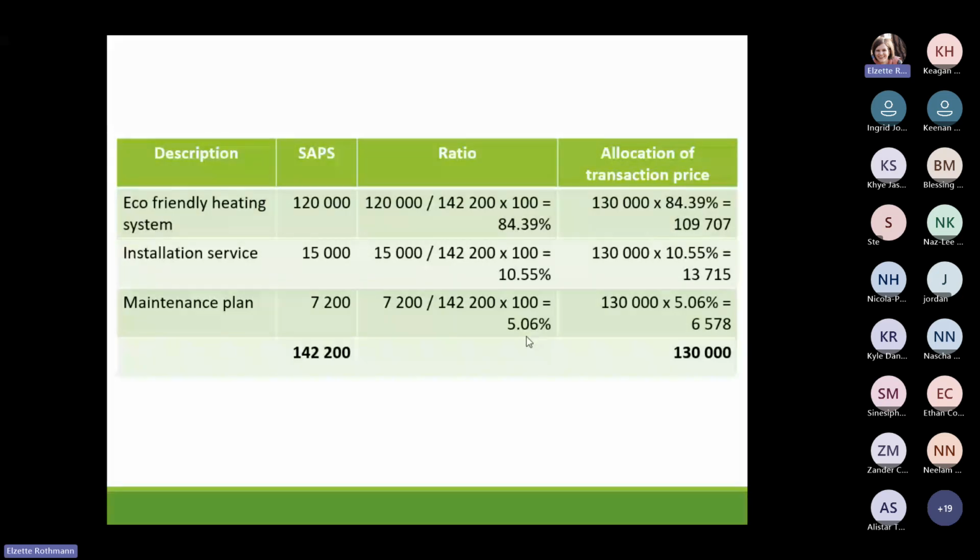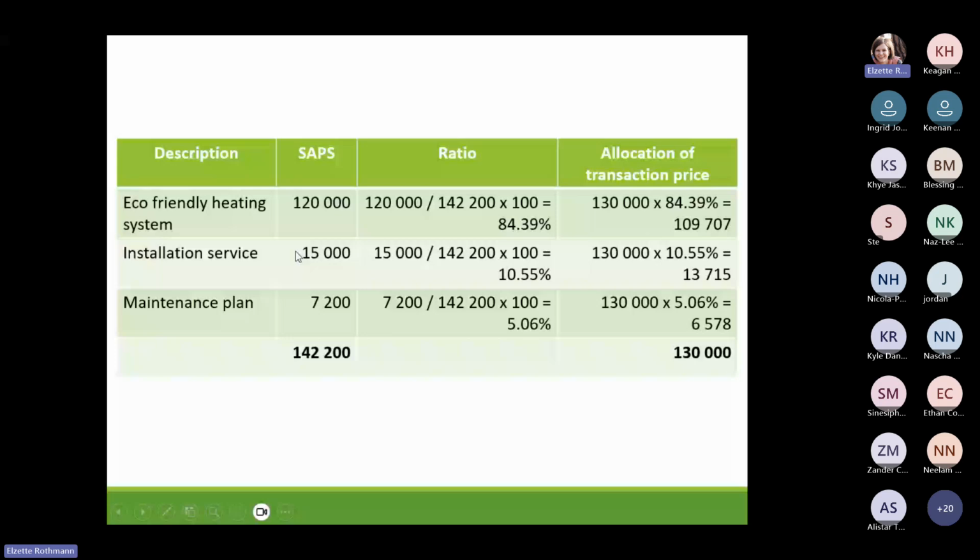Okay, so now we've calculated the percentage that the heating system is of the total. The same for installation services, the same for the maintenance plan. Now we can recalculate this on the total of 130%.